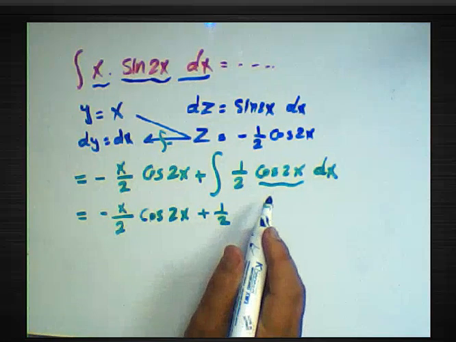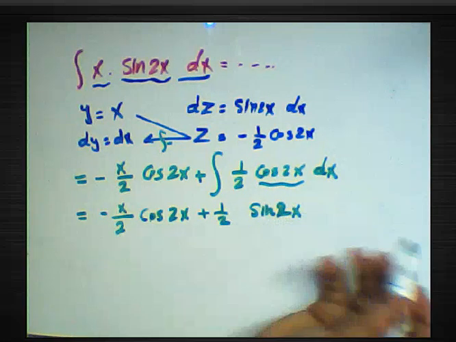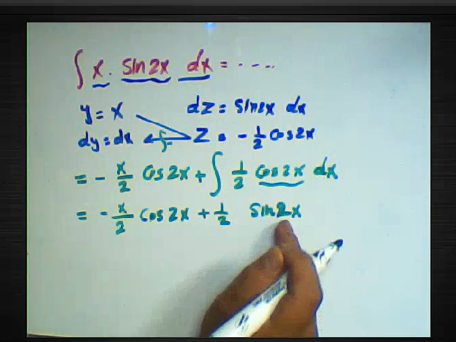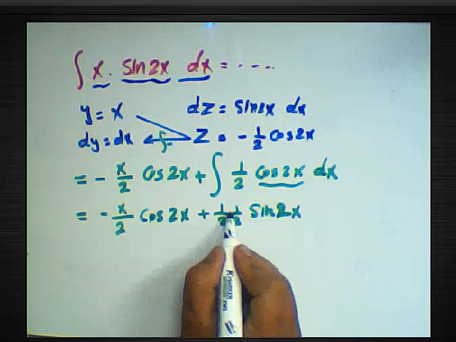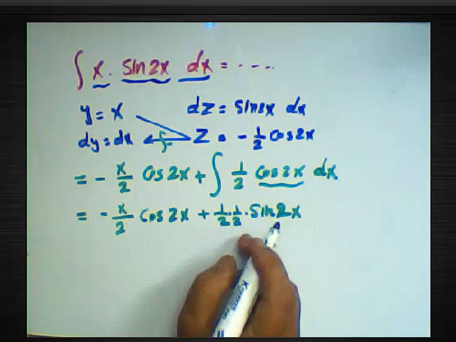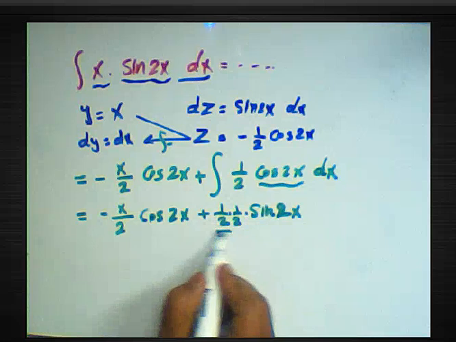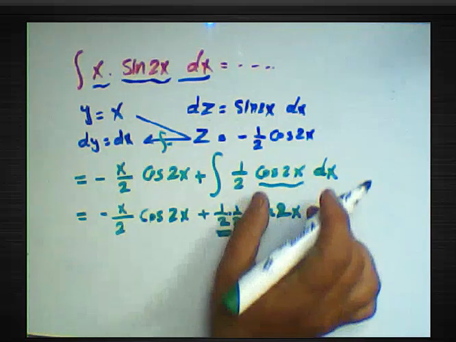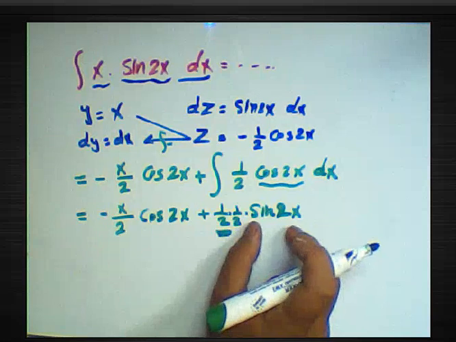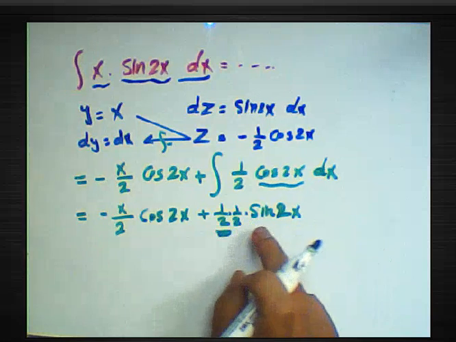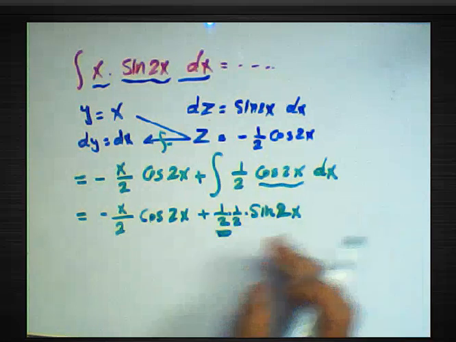Integration of cosine will be what? It will be sin 2x divided by the derivative of this angle, which is 2. So divided by 2 means multiplication by half. Okay, again write half outside here, and the integration of cosine 2x will be sin 2x over 2, because the derivative of sin 2x will be 2 cosine 2x, and we can cancel 2 by 2.